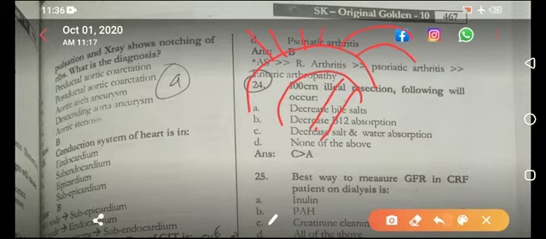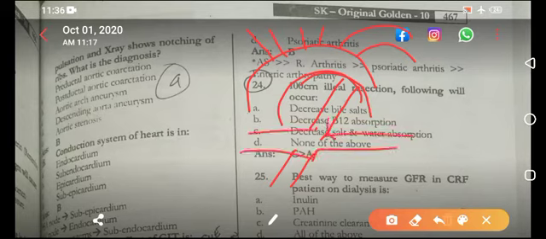And this is that connection, the connection between the left pulmonary artery and the aorta. After birth, this usually regresses and is replaced by the ligamentum arteriosum.